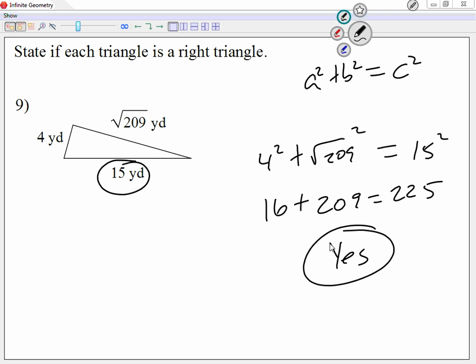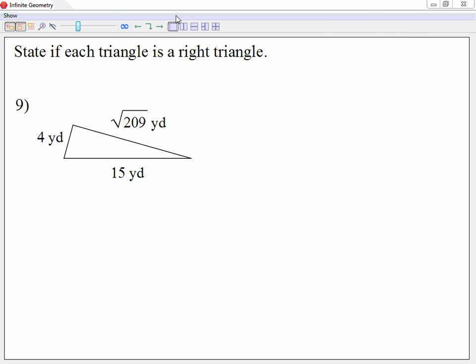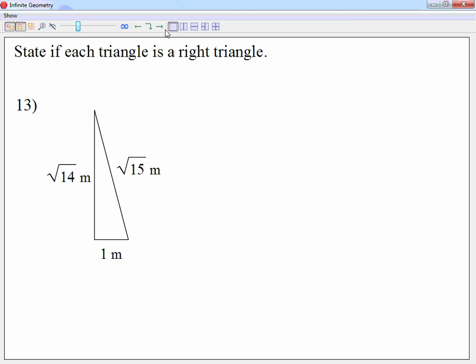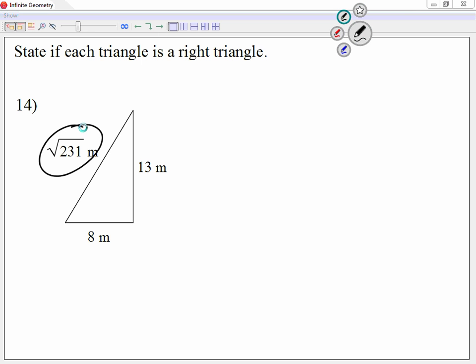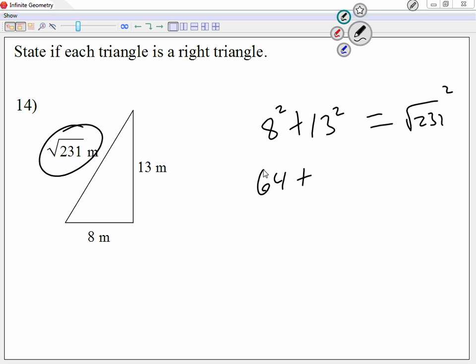Okay, so you guys have this up until number 16. Any questions up until 16? 14? All right. The biggest side in number 14 is radical 231. I'm comparing the length. So my question here is 8 squared plus 13 squared, is it equal to radical 231 all squared? I know 8 squared is 64. 13 squared is 169.